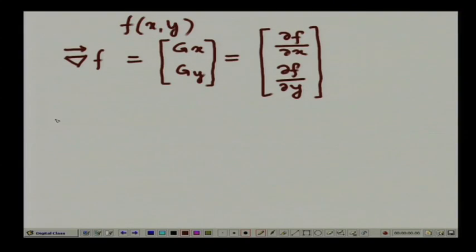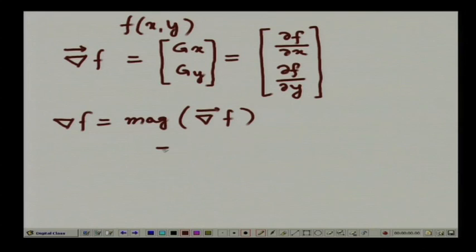Now, for the edge detection operation, what we are interested in is the magnitude of the gradient. So, the magnitude of the gradient we will write like this: grad f, which is the magnitude of the vector grad f, and which is nothing but g_x squared plus g_y squared, and take the square root of it.